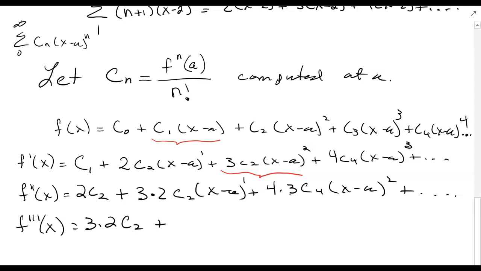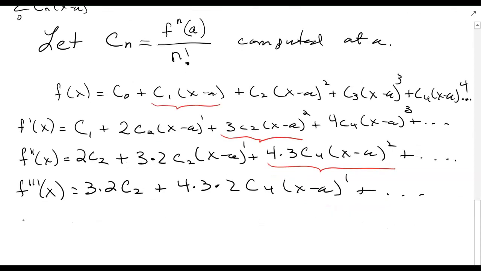What's my next term? Move the 2 out front, so then I have my 4 times 3 that's there, because again, now this is the first one I've got to be concerned about. 4 times 3 is there. Now I multiply it by the coefficient, the exponent that I moved out front, c sub 4 times x minus a to the first, dot, dot, dot.